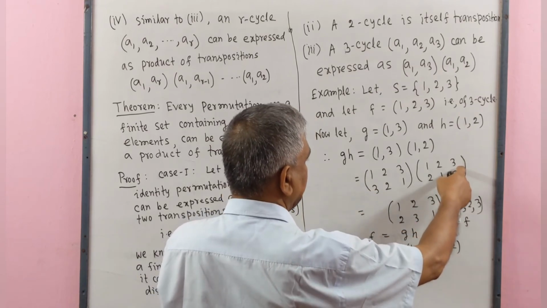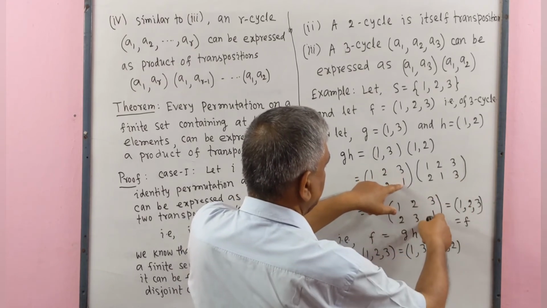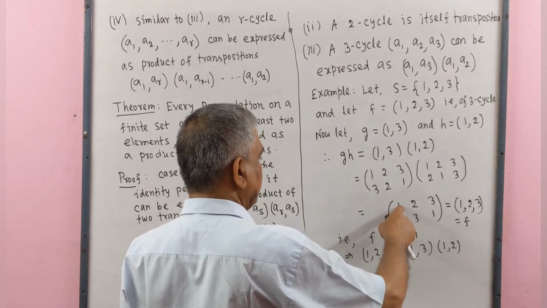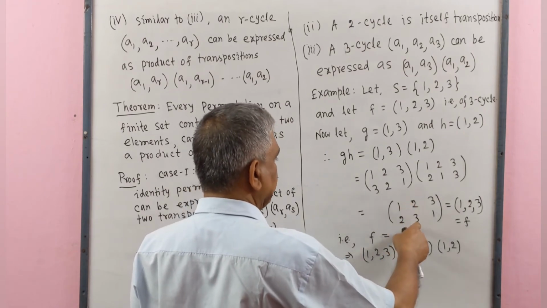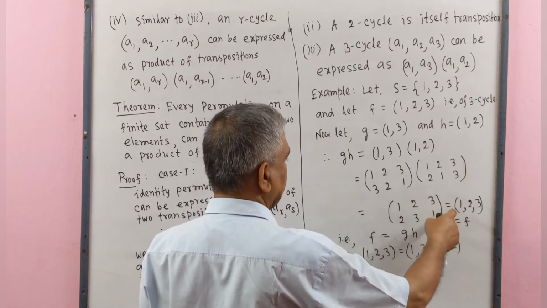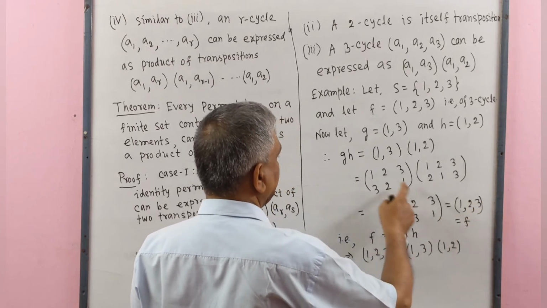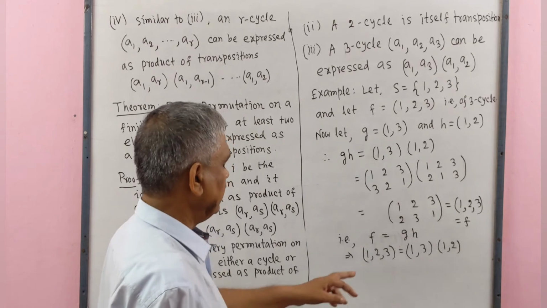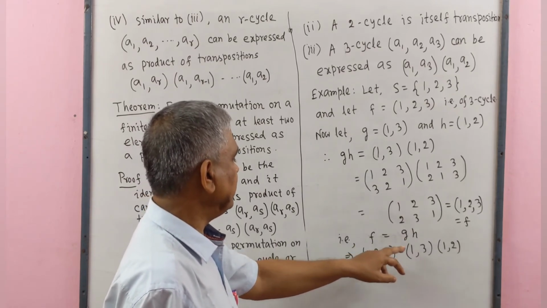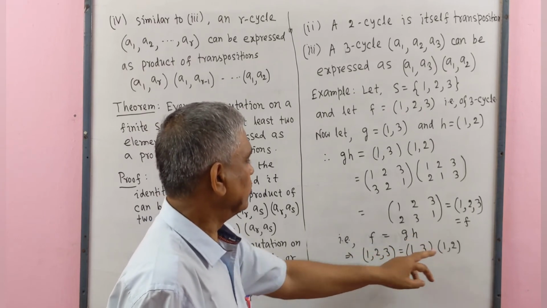Here image of 3 is 3. Here image of 3 is 1. So we write here 1. And here we see that image of 1 is 2, image of 2 is 3, image of 3 is 1. That is, it is a 3-cycle (1, 2, 3). That is F. Therefore, F equal to GH. And 3-cycle (1, 2, 3) equal to G means (1, 3) and H means (1, 2).